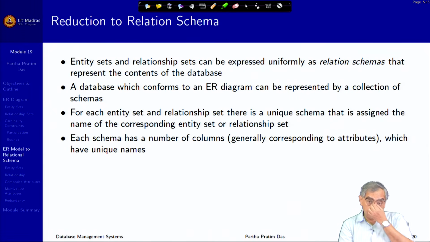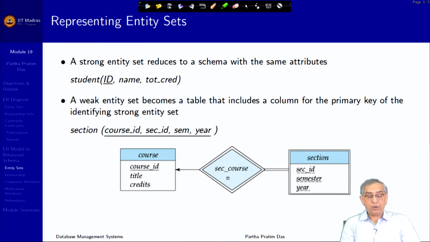All that we need to do is primarily know two things: how to show the relational schema for an entity set, and how to show the relational schema for a relationship. For an entity set it is very simple: you take the name of the entity set as the name of the relation and the list of attributes as the attributes.